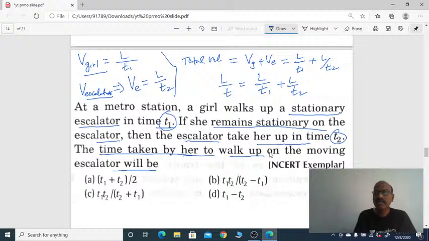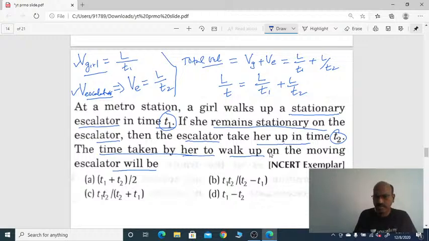First the escalator is stationary and she is walking, so that is the velocity of the girl. Next the escalator takes her up, so that is the velocity of the escalator. Total velocity will be the sum of these two. If T is the time taken, total velocity is L by T, equal to L by T1 plus L by T2. L is common on both sides, cancel it.